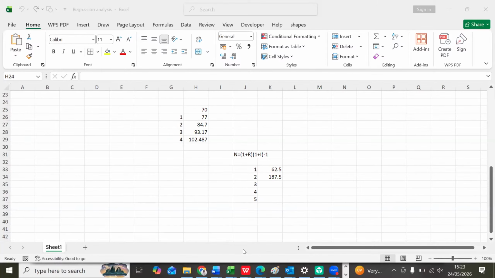So now, ladies and gentlemen, remember what do we want to do here? They have given us this. Everything is given to us, right? I can open another sheet here.